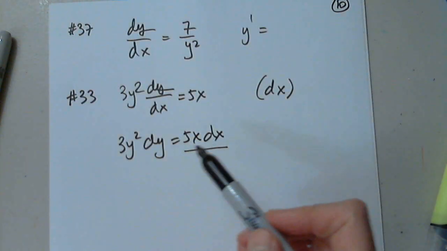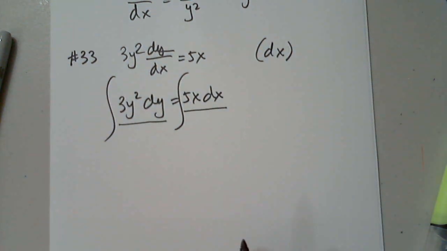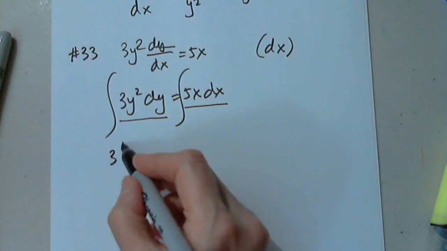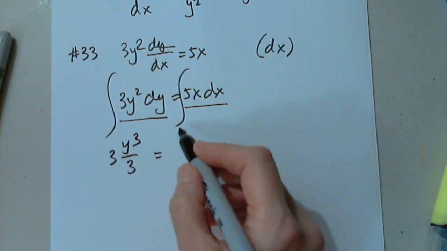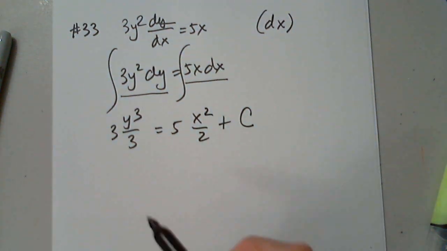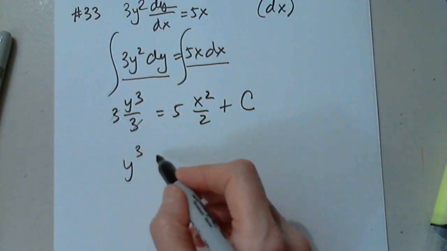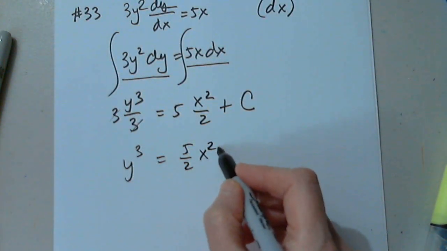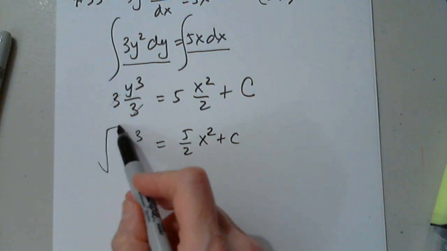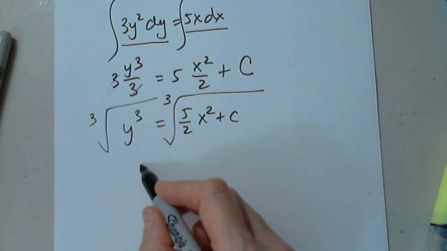Now x is alone on one side, y is alone on the other. I'm in business, so I integrate. This is 3y cubed over 3, and this is 5x squared over 2 plus a constant c. So I have y to the third equals 5/2 x squared plus c. All I have to do to solve for y is apply the cube root, and it's done.